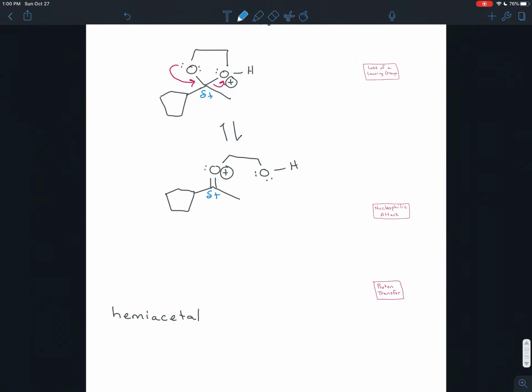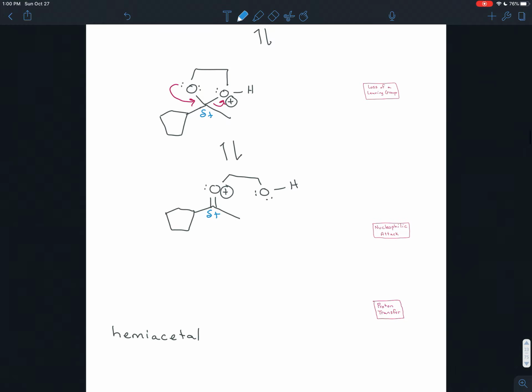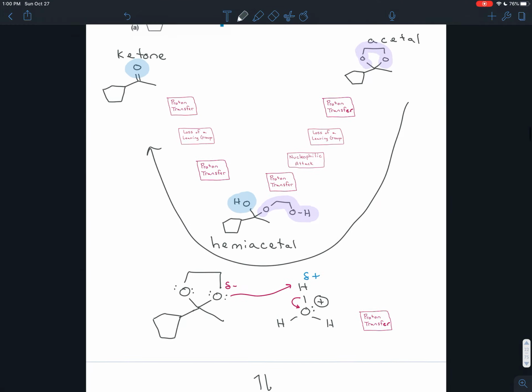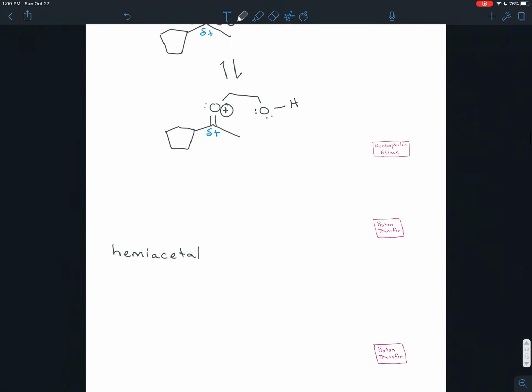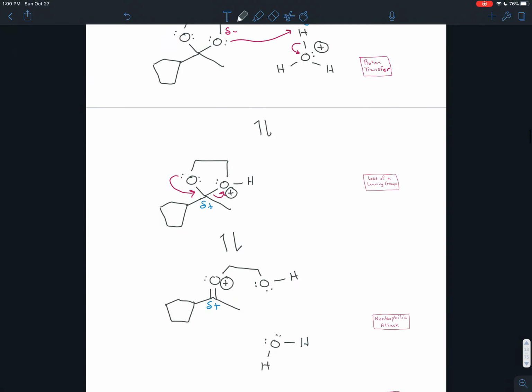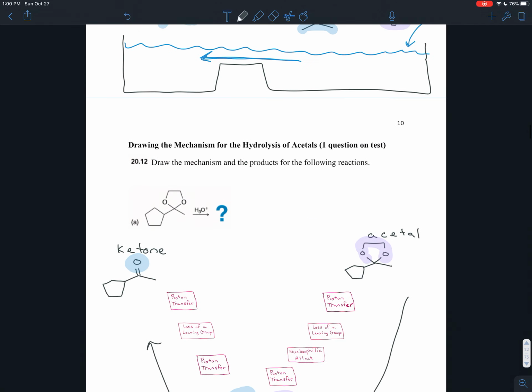This carbonyl carbon is an amazing electrophile. It doesn't take a lot to get that to attack. The nucleophile it's going to attack, because remember what we're ultimately trying to do is get an OH on there, is going to be water. Now, if you were tempted to add OH minus, remember that you can't in this reaction because you're using an acid catalyst.